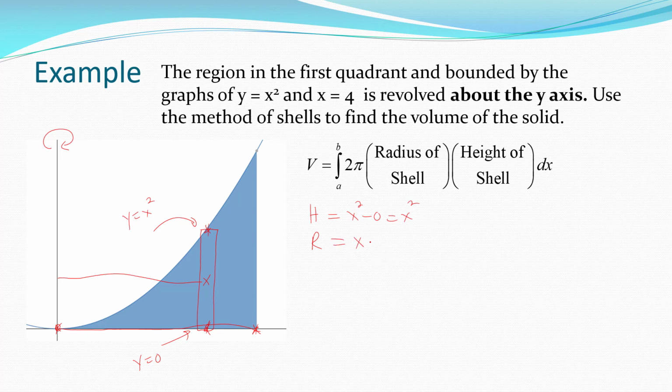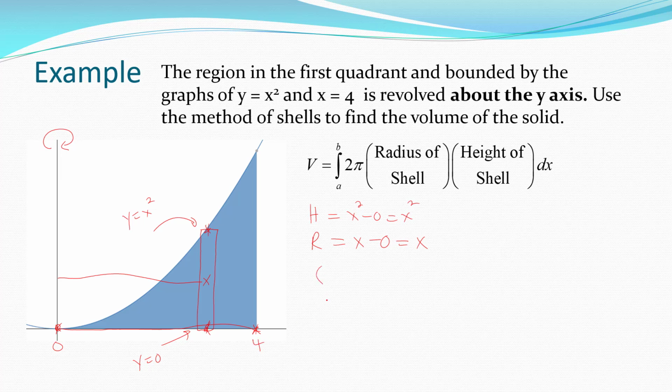It's x minus 0. It's this x value minus this x value. So that would then be, of course, just x. Well, the range of x values is 0, and we know this is where this last point is on the line, x equals 4, so we know that's 4.